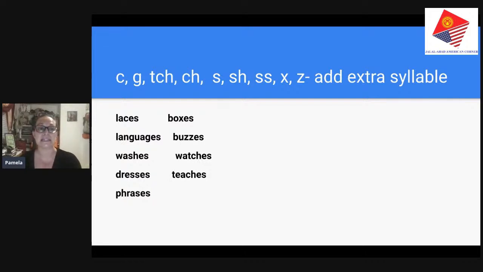So laces, languages, washes, dresses, phrases, boxes, buzzes, watches, teaches. So lace, one syllable, laces, two syllables. Language, two syllables. Languages, three syllables. So that does take the extra one.